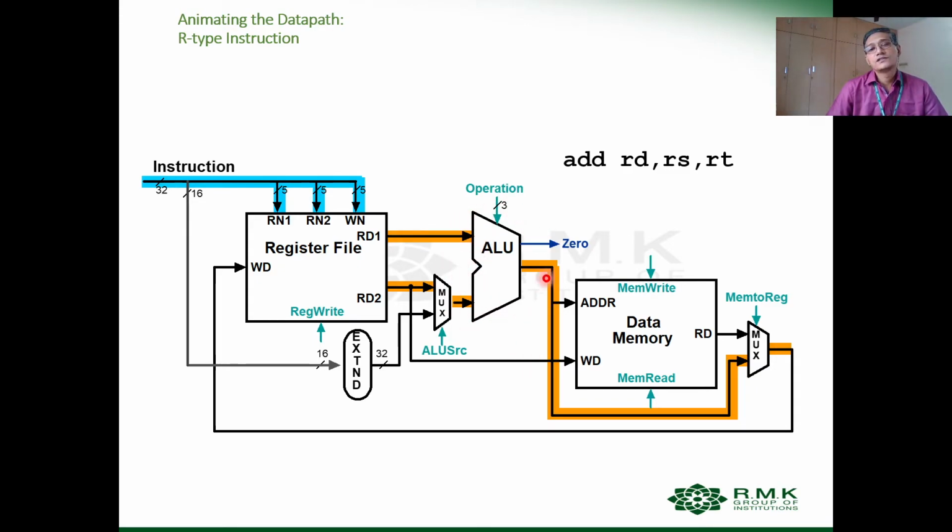The ALU executes the corresponding operation of addition or subtraction, or a logical operation, and the result goes to the register. This is the path of the flow of execution for an R format instruction. One important thing in R format instruction is that it is not needed to access the data memory.